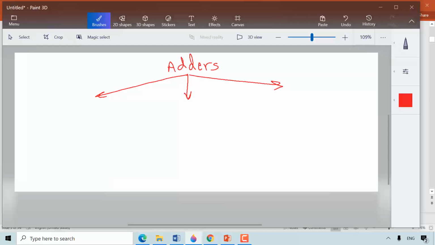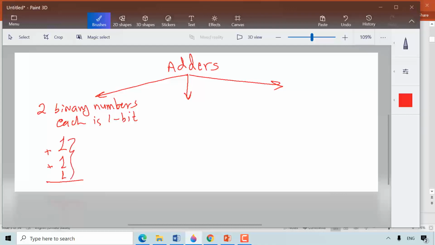So we will first talk about adding one bit, two numbers or two binary numbers, where each is one bit. So we're going to add, for example, 1 plus 1 plus 1. These are just binary numbers, one bit, and we'll find out their result.